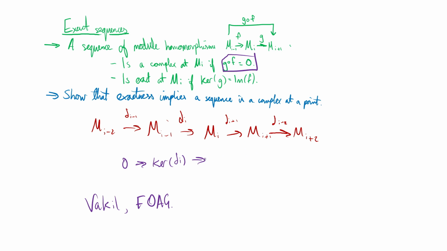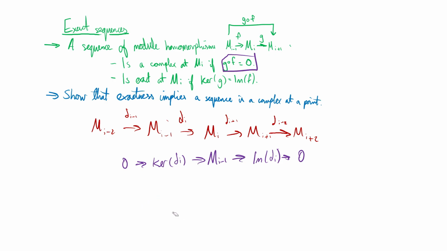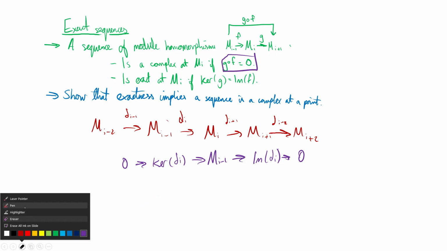But the kernel of di to the, I guess, mi minus 1 to the image of di to 0, which I wanted to write anyway, but I didn't know if that was true.